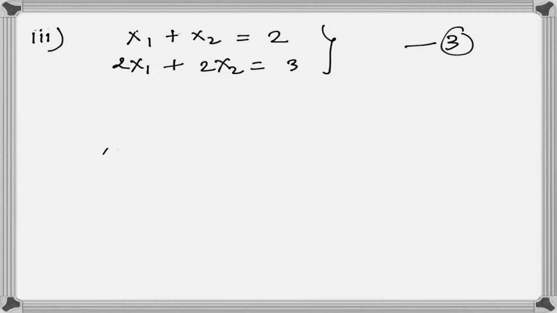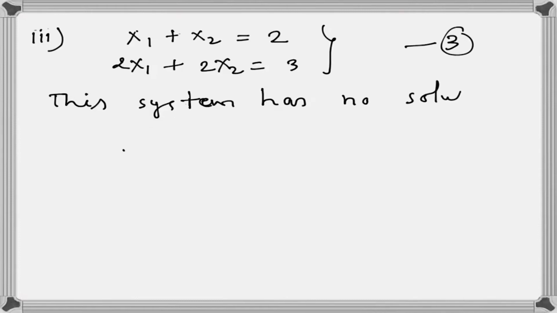It's very clear, because if x1 plus x2 is 2, then 2x1 plus 2x2 will be 4, not 3. So this system has no solution. Okay, so we have seen examples where the system has a unique solution, infinitely many solutions, and no solution.